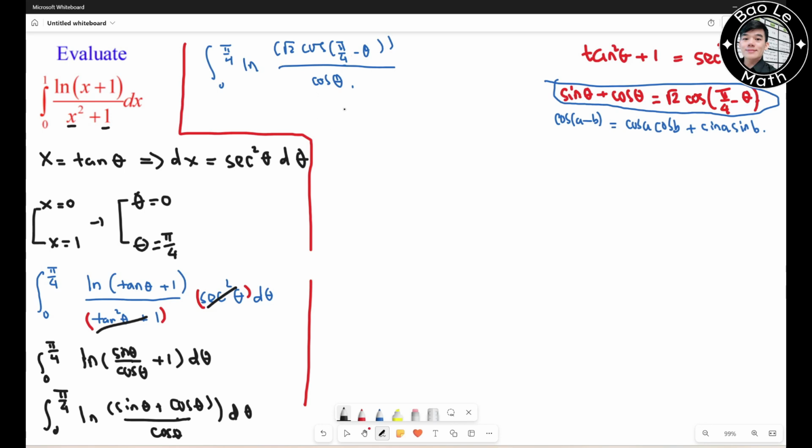So it turns out to be the integral from 0 to pi over 4 of natural log of root 2 plus natural log of cosine (pi over 4 minus theta), subtract natural log of cosine theta, d theta.